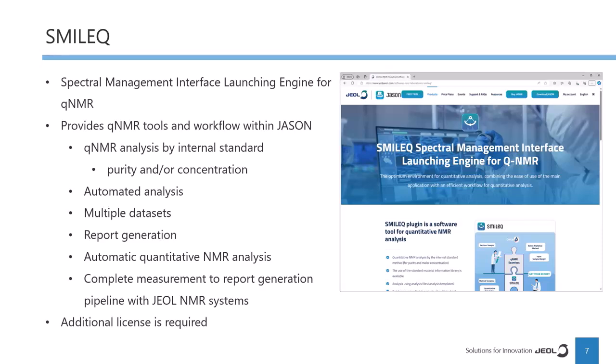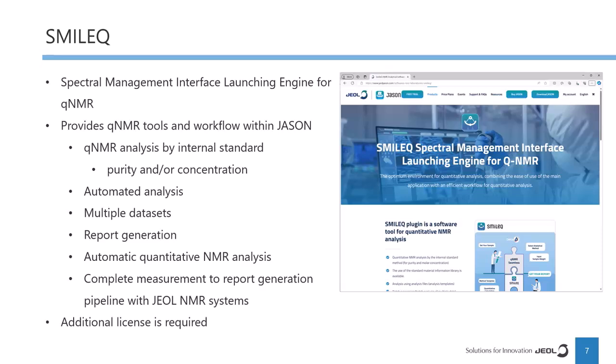So SMILEQ has the tools that you need to be able to do the qNMR analysis. So we can do analysis by internal standard, the traditional qNMR approach, and calculate purity, concentration, etc. We have a number of automated analyses built in so that you're able to generate reports quickly.